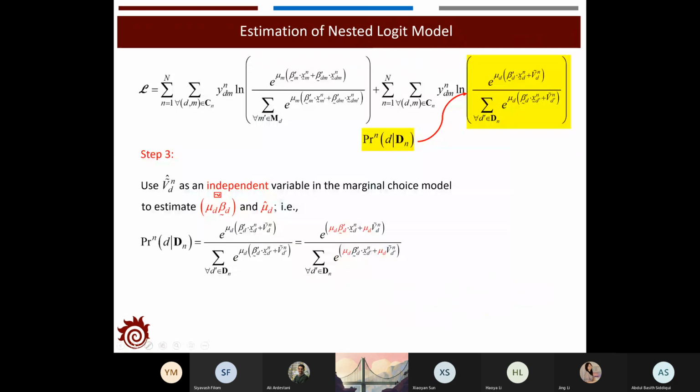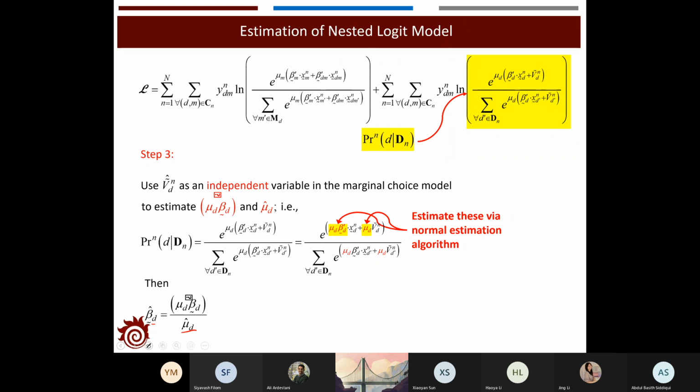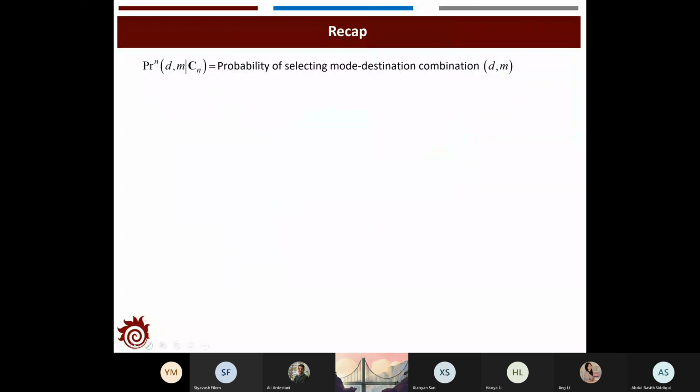So with that, we have conducted the estimation. Once we have mu d times beta d, divided by mu d, that gives you all the steps to work on the calibration of the nested logit model.